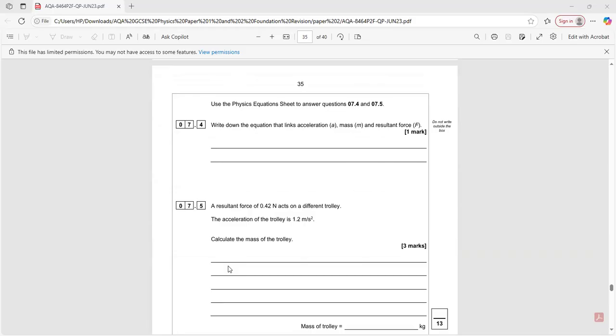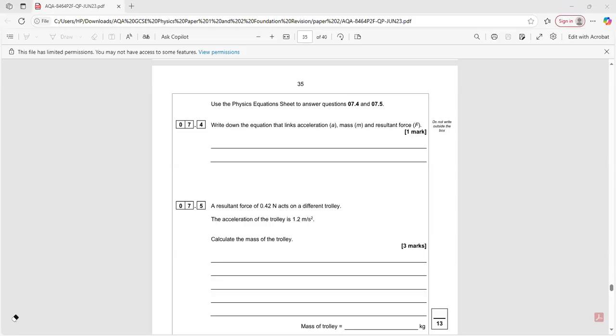Write down the equation that links acceleration. I've already written it down. That's what we used to solve the previous one: F equals ma. A resultant force of 0.42 Newton acts on a different trolley. This time the acceleration of the trolley is 1.2. Find the mass. Same thing.